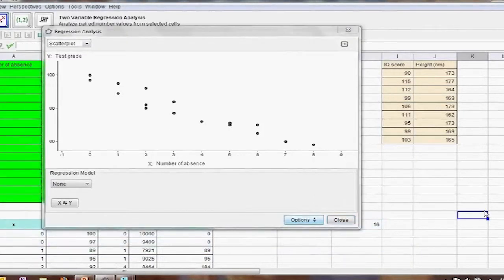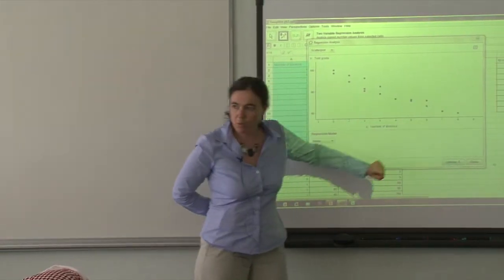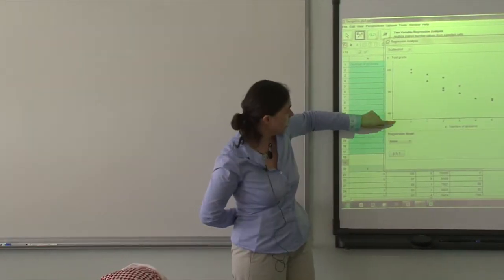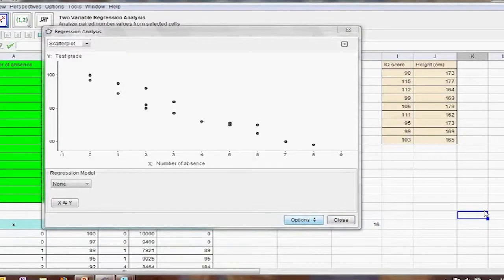So what do you see here? What kind of relation? I have the independent variable as the x variable, the number of absences, and the dependent, your grade, on y. Do you see any relationship between the two? It seems to be negative.